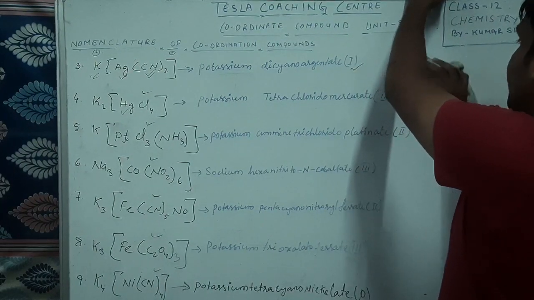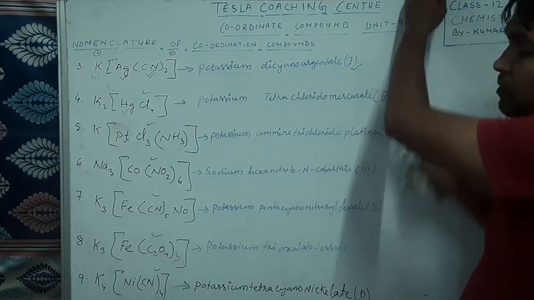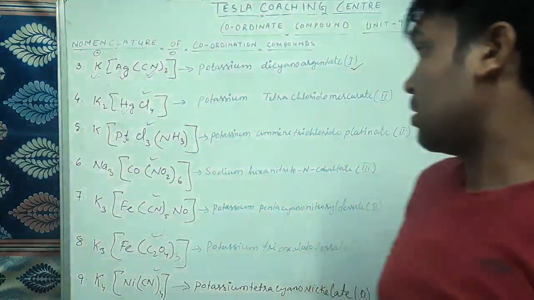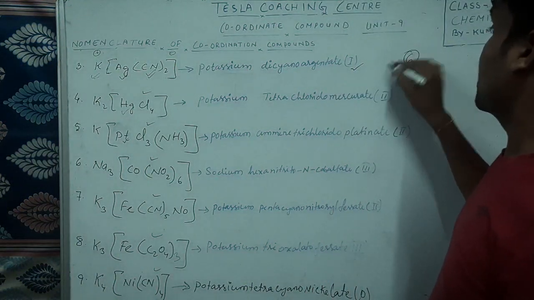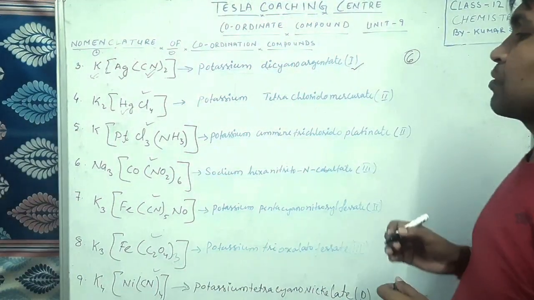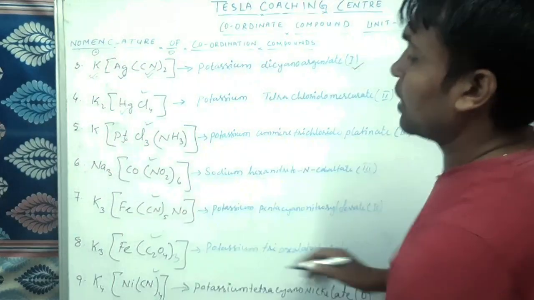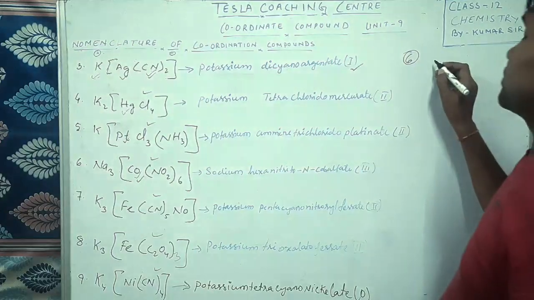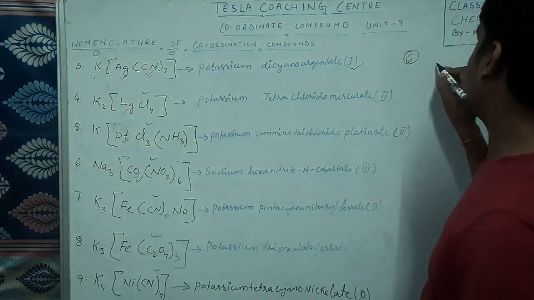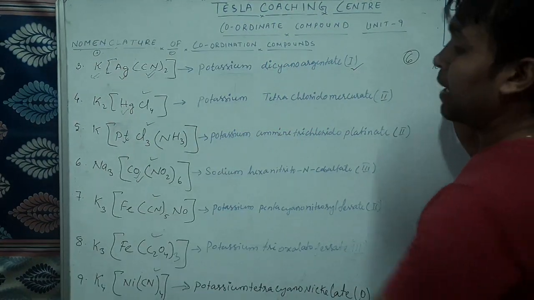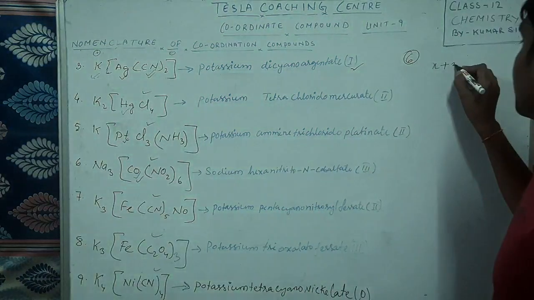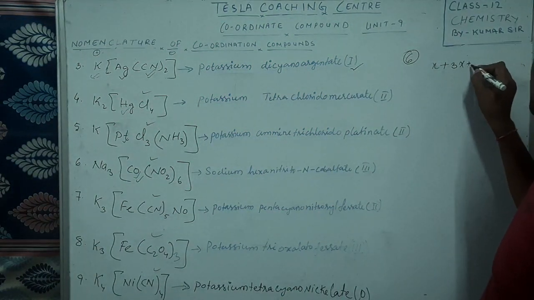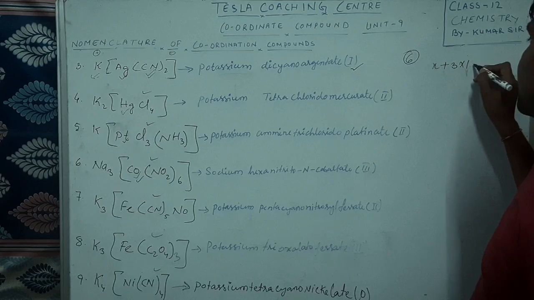Question number 6. Let's do it. In question number 6, we are going to calculate the oxidation number of this cobalt. We will assume it as X, and Na, that is sodium. The sodium oxidation number is how much? +1. So we'll write just 1.